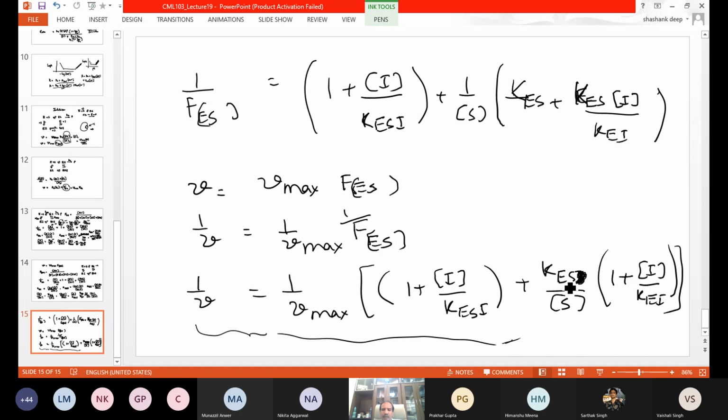Anyone have any questions? Now I am going to tell you the importance of this equation and how to get mechanism through kinetics. Okay. But if you have any question about the derivation part, just ask me.